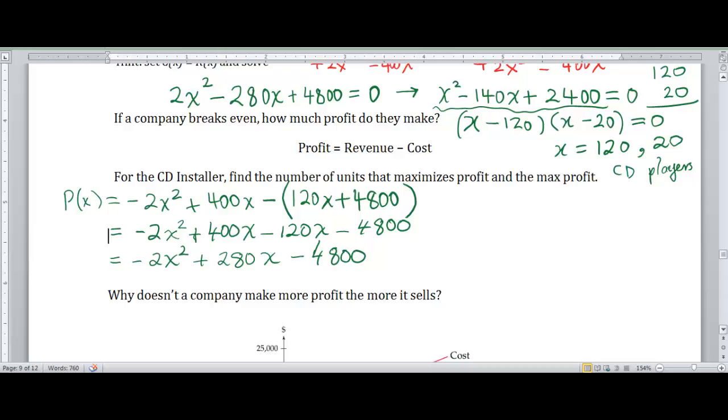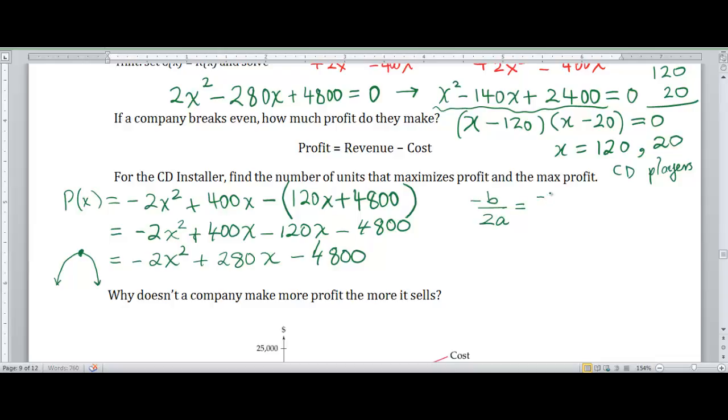And it says find the number of units that maximizes profit and the max profit. Okay, so this is a parabola, and it opens down because the a is negative 2. So I need to find the max profit, or the number of units that maximizes the profit, which means I need to find that vertex. So we need to do negative b over 2a.